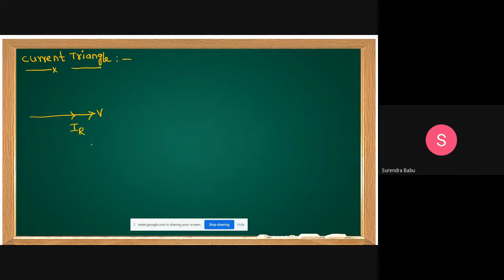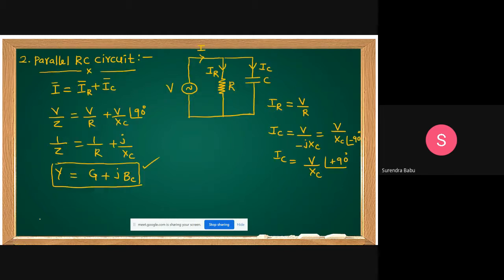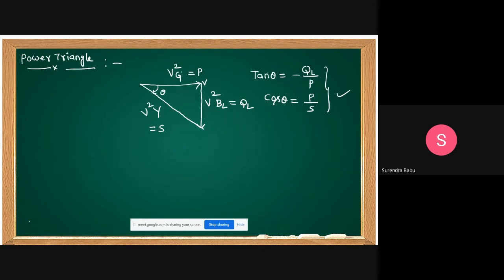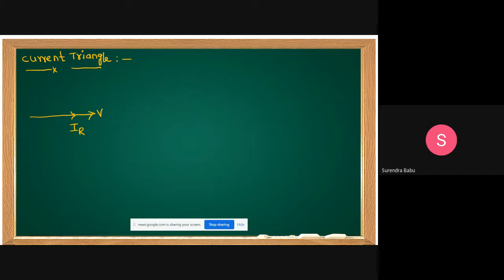But what about V and IC? With respect to V, IC leads by an angle of 90 degrees. Leading means we get this direction. Then IR plus IC is equal to I.